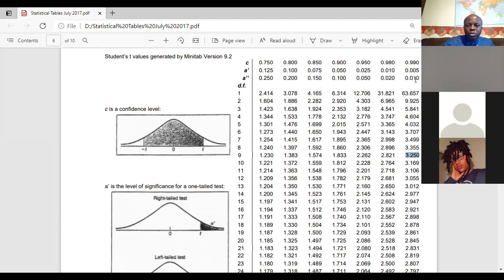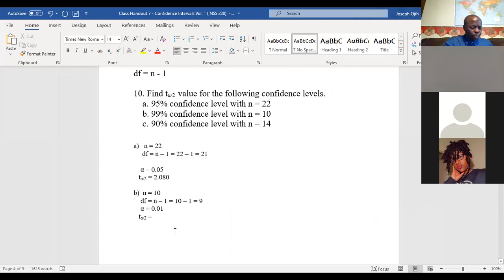So you can see 0.01 with 9 degrees of freedom is 3.250. That gives us 3.250. So this is how to use the table.